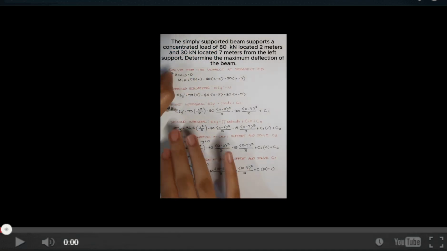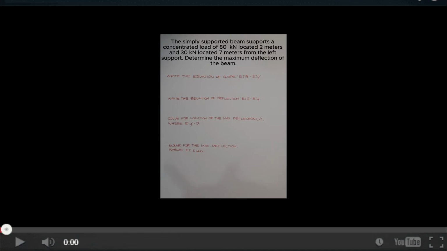Just to remind you that this is the first equation and the second equation. After natin makuha yung C1 and C2, now let's solve the equation of slope. So the equation of slope is equals to the first integral. So i-rewrite lang natin yung equation 1, then substitute the C1.